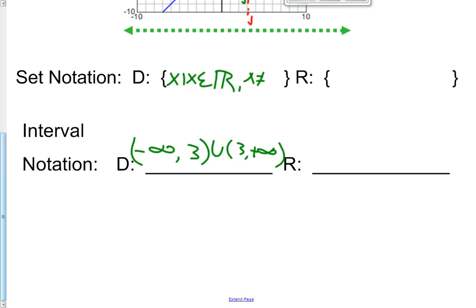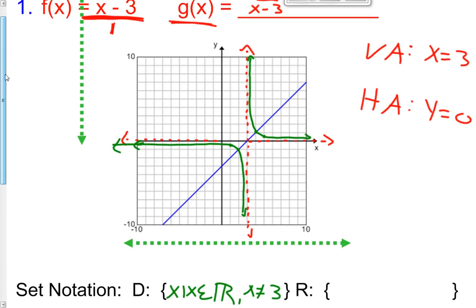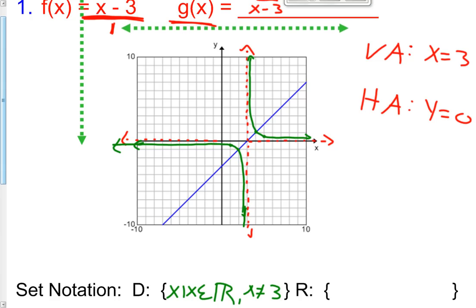X cannot equal 3. Our range is very similar, except the asymptote instead of 3 is the line y equals 0. So this green line goes all the way down to negative infinity, so that's where it starts, and then it goes as high as the asymptote right here. It flattens out at y equals 0. And then right up here, it starts at y equals 0 again, and then it goes all the way to positive infinity.